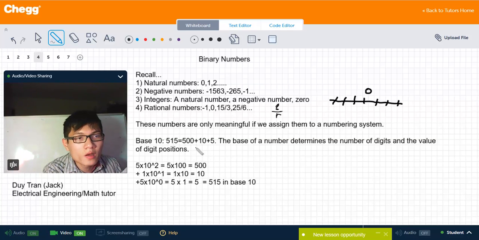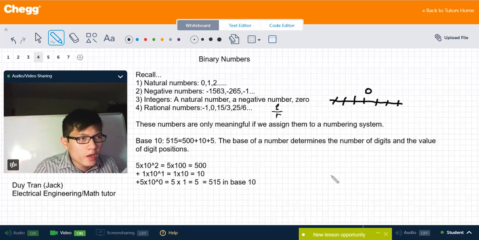And 10 is 1 times 10 to the first power. And 5 is actually just 5 times 1, but 1 is 10 to the 0.